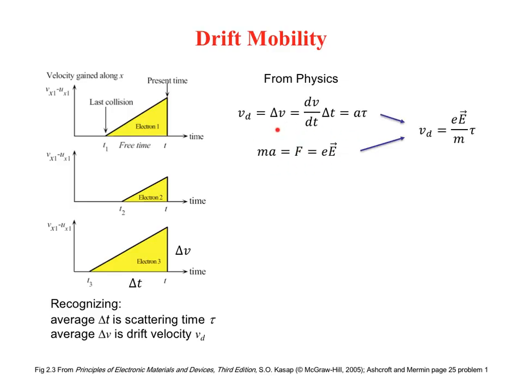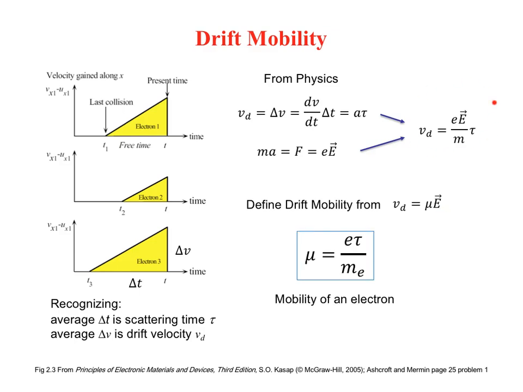From F equals ma, we have a equals the electric force over the mass. This gives us a relationship between the drift velocity and the scattering time in terms of the charge and mass of the electron and the electric field. Here we introduce the concept of mobility as the proportionality constant relating how much drift velocity is produced from an electric field.